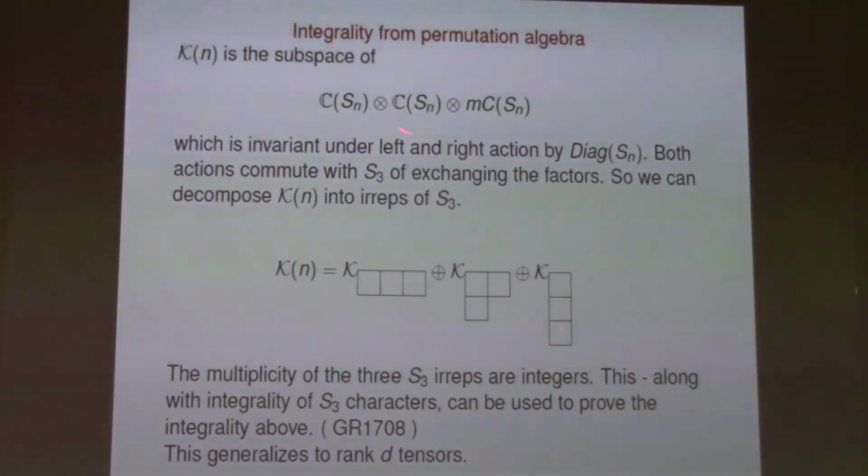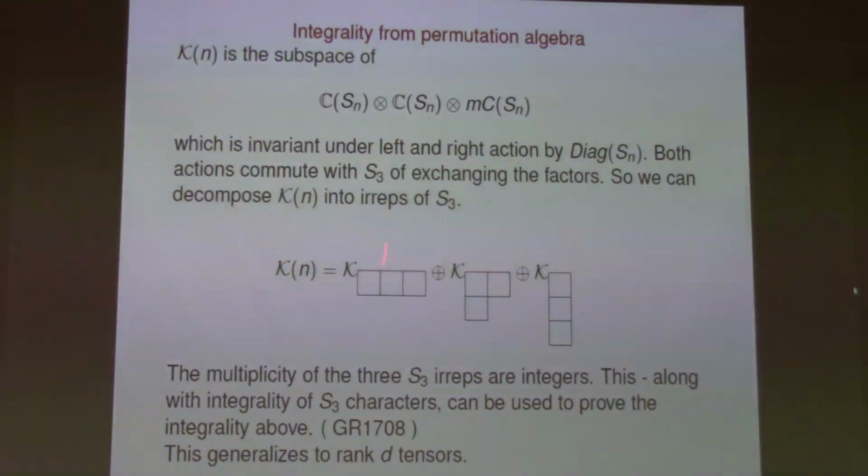So actually, even after you've modded out by the diagonal left and the diagonal right, you have an S3 action. So you can take this algebra and decompose it into the part which is symmetric under S3, anti-symmetric under S3, and mixed symmetry. So each of these representations of S3 in this algebra will appear a certain number of times. So there will be 3 integers in the game.